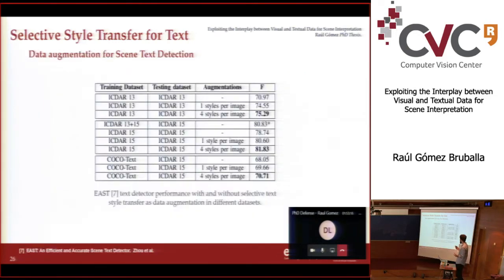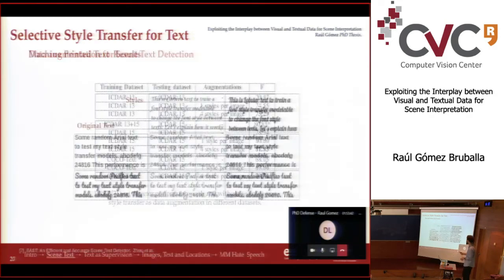We apply this to standard text detection data sets like ICDAR and COCO-Text, and we train a standard text detector on the plain data sets and on the augmented data sets. And yeah, we see that style transfer is an effective data augmentation method, and the text detectors trained on those augmented data sets achieve a better text detection performance.